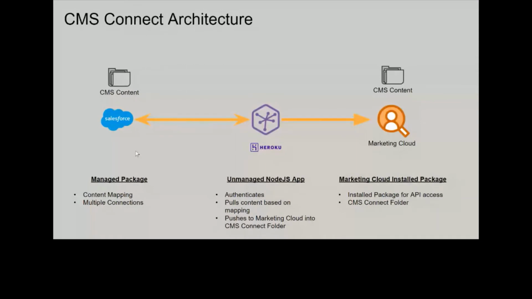For those who don't know what an install package is, it is similar to a connected app in Salesforce, if you have used one before, which you use to communicate. So we use the install package to communicate with Marketing Cloud and use its APIs.